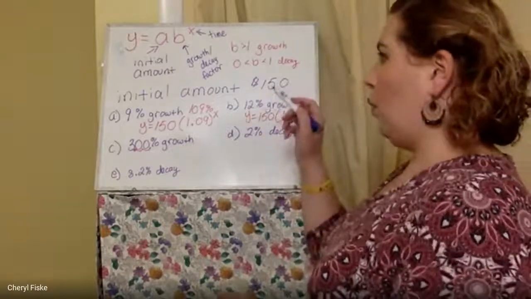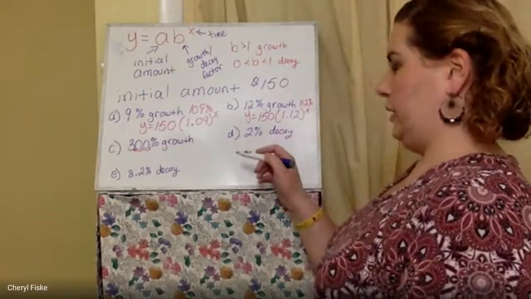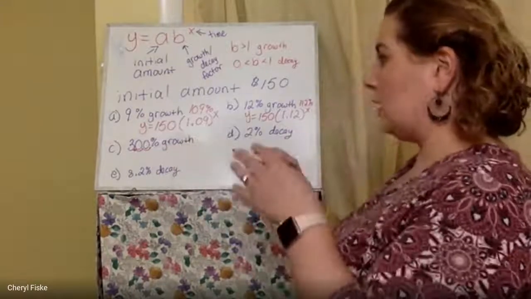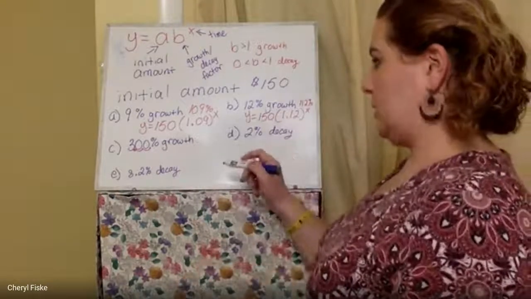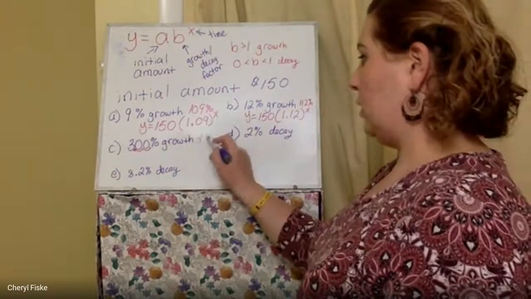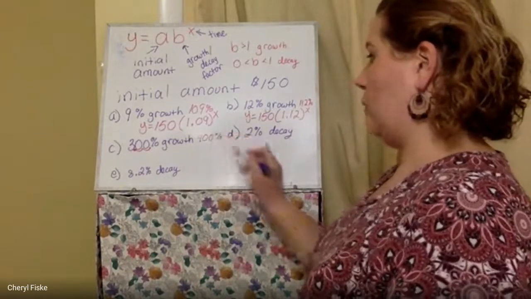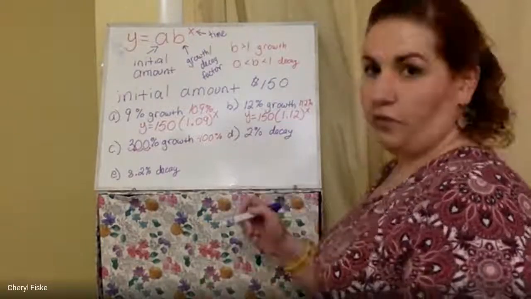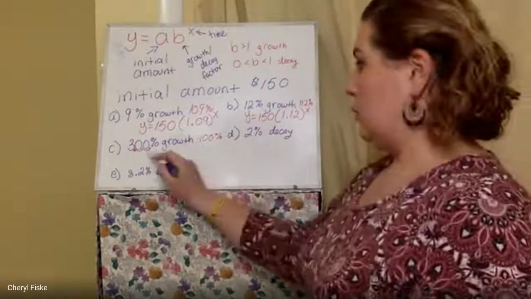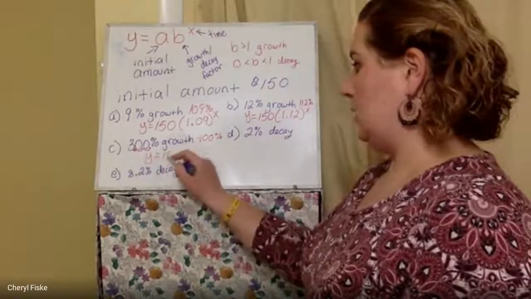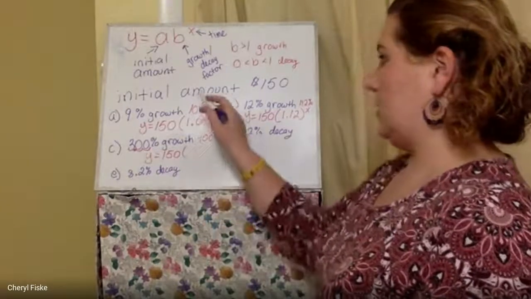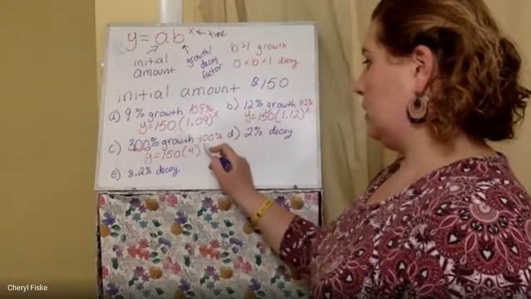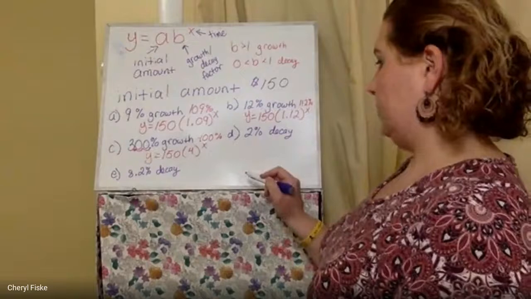So 100% plus 300% would be 400%, or 1.00 plus 3.00 will give me 4.00. So it's Y equals 150, your initial, because I said so from the beginning, and then 4 to the X.